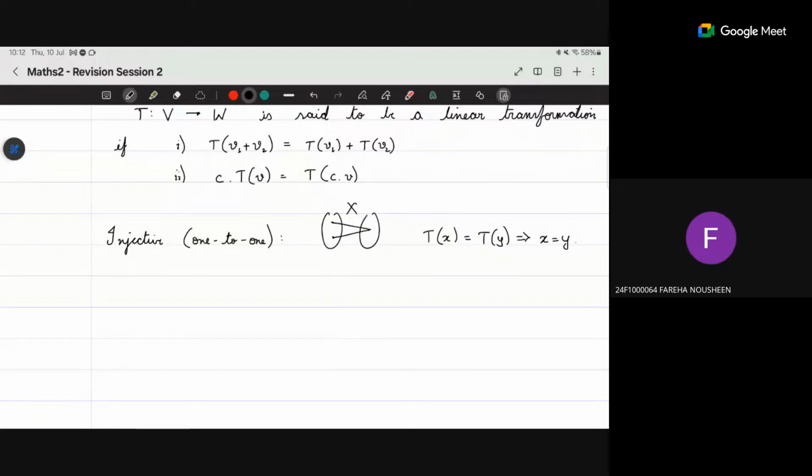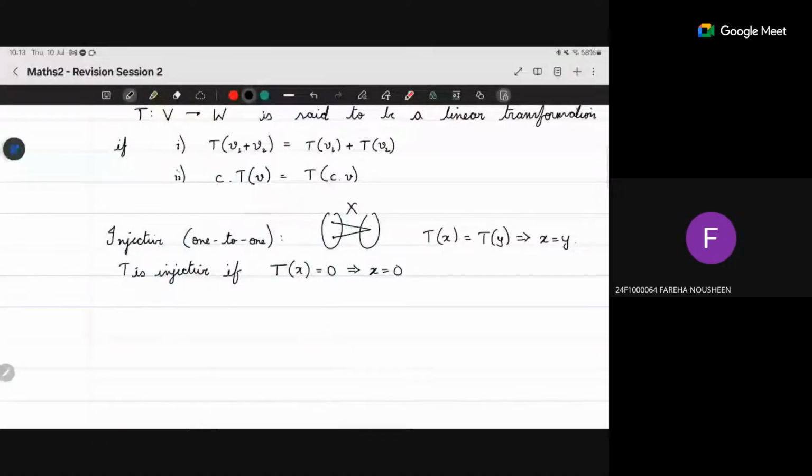That should not happen. But in the case of linear transformations, this is only for linear transformations, T(x) equal to 0 implies x equal to 0 means T is injective if the following condition holds.